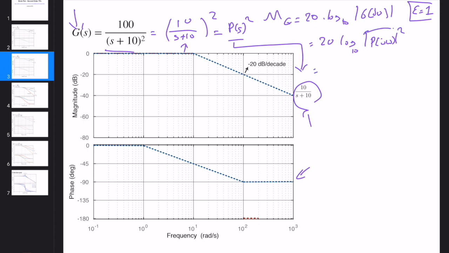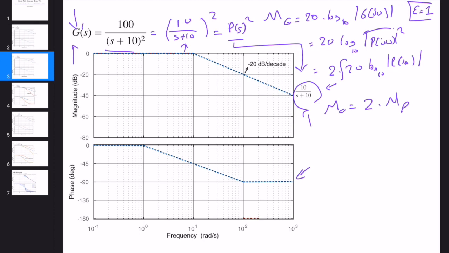We simply do 2 times 20 log 10 magnitude of P of j omega, which simply says that M of G is equal to 2 times M of P. It's very simple. For each frequency, I look at the magnitude response of 10 over s plus 10. I multiply it by 2 to obtain the magnitude response of G.